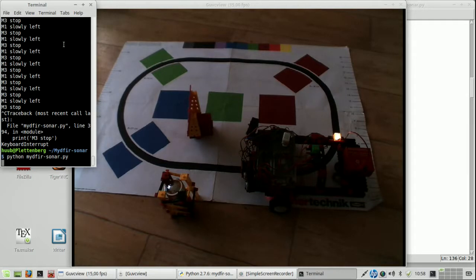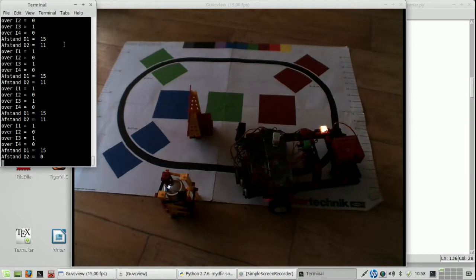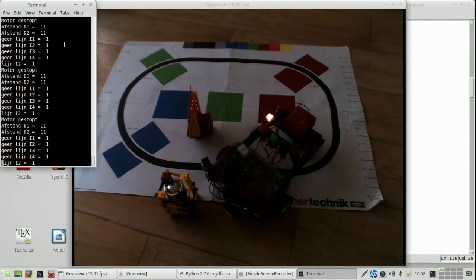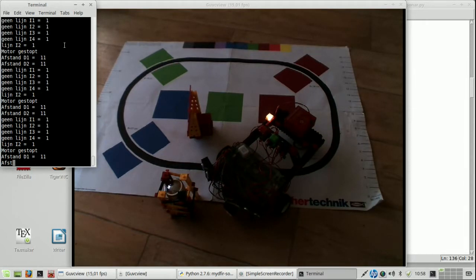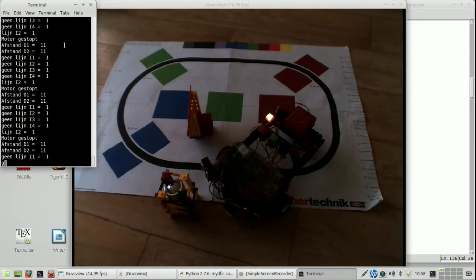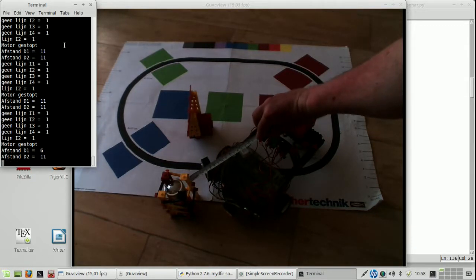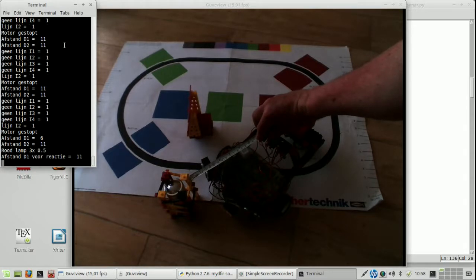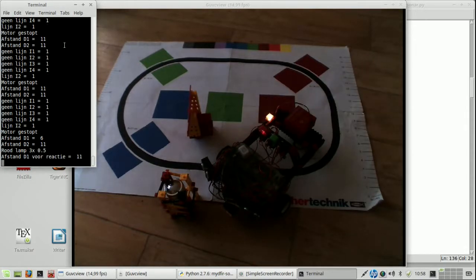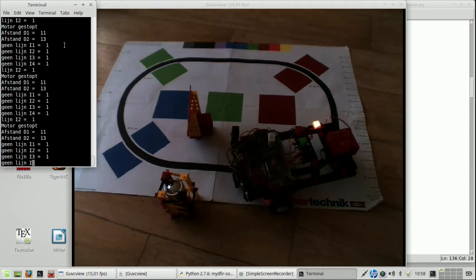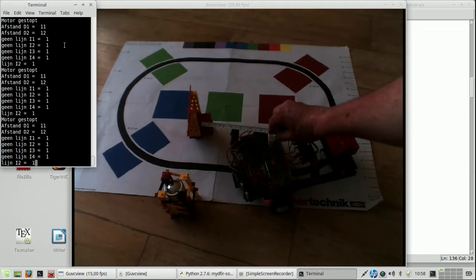Anyway. What distance is this? This is 4 centimeters. There you go. This is 9.